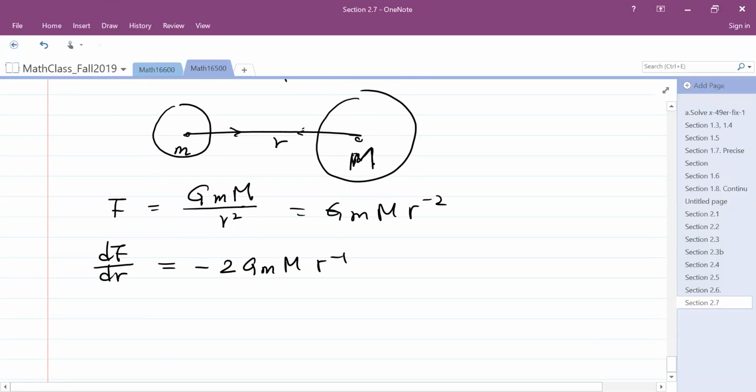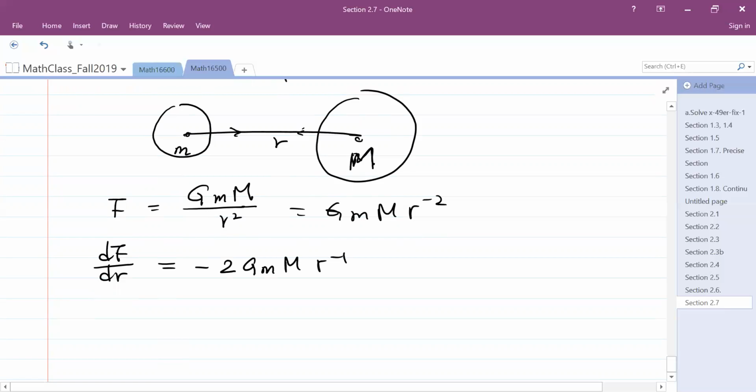If the distance is very small, then the force is very large. Why is this negative? The negative means it is decreasing, right? How do you understand that?